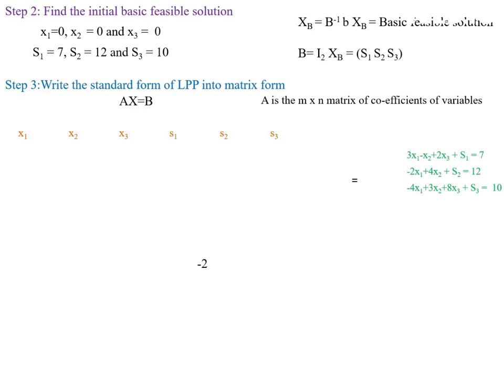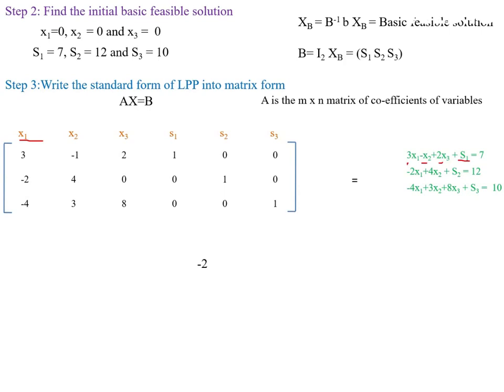First we write all the variables, that is x1, x2, x3 and S1, S2, S3. Then write the constraint coefficients of these variables: 3, minus 1, 2, 1, 0, 0. Why 0, 0?